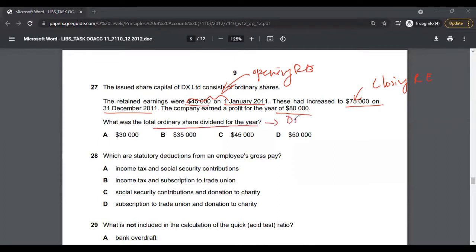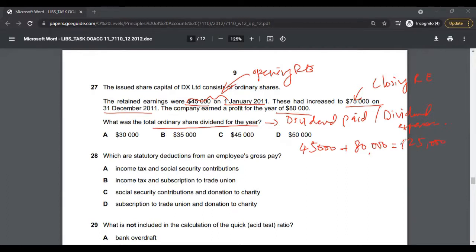And so you have to calculate dividend paid. So how do you do that? You start with opening retained earnings. You add the profit, that is 80,000. Now this should give you a number of 125,000.